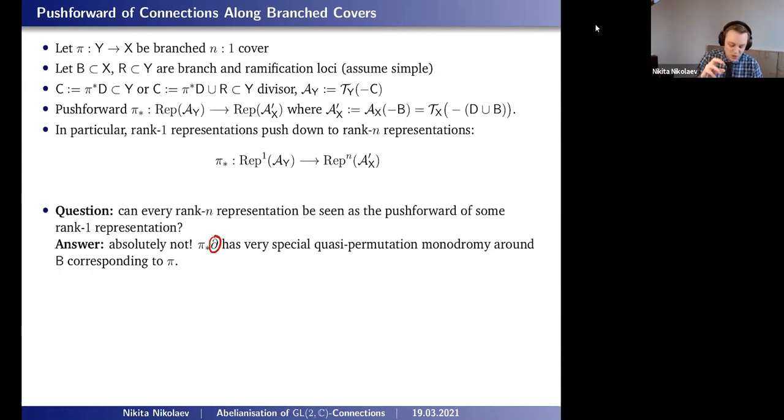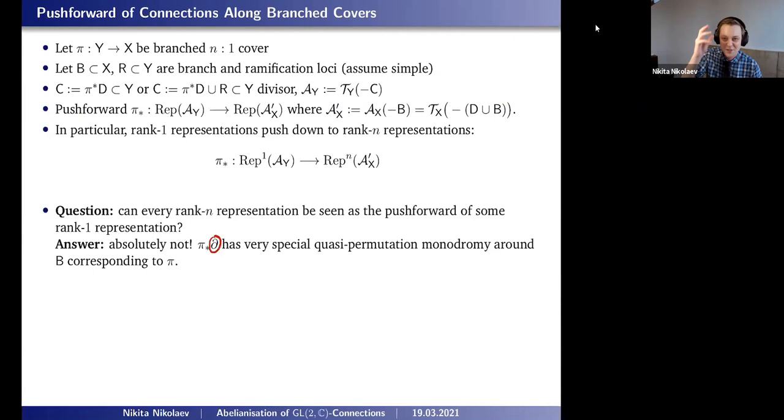And this quasi-permutation monodromy for the push-forward connection is essentially the same thing as this permutation, which kind of means that, for instance, if you want to get a connection which is smooth at the branch point, non-singular, you cannot do this, because the monodromy of the push-forward connection is the permutation representation of the covering.